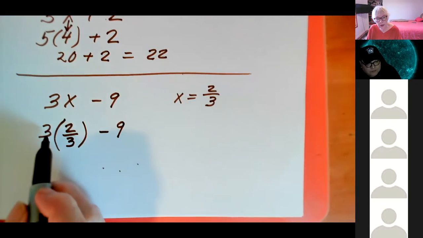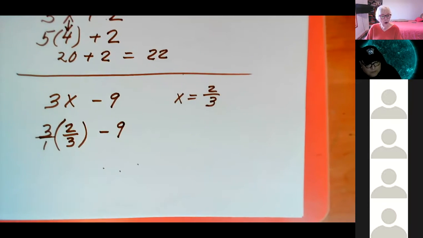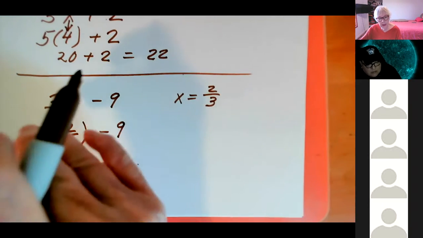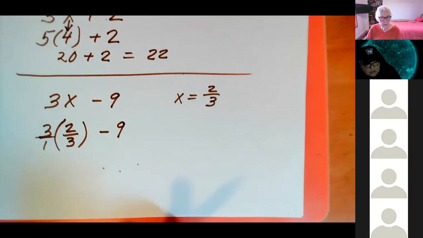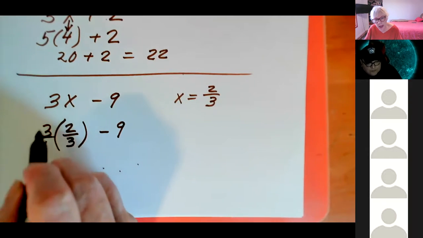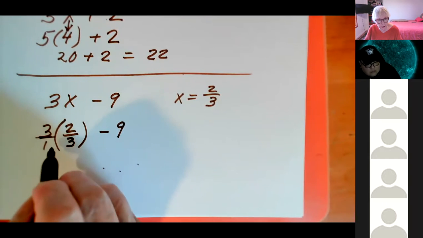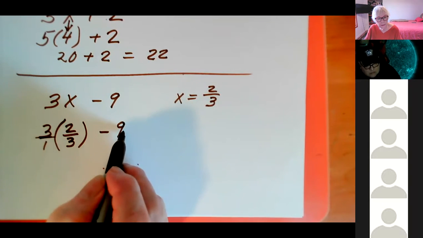Notice the 3, I wrote it high so that I could actually, if I felt like it, call it 3/1 to keep the top and the bottom separated. This is all one term. It's multiply and divide all mixed up. This is one term that needs to be simplified before I come over here.